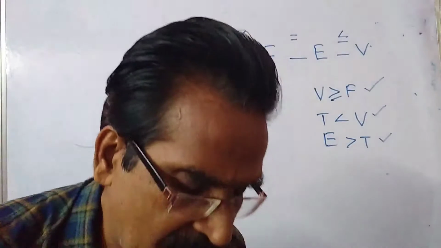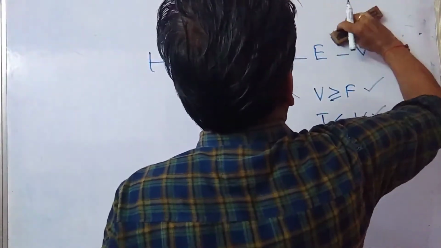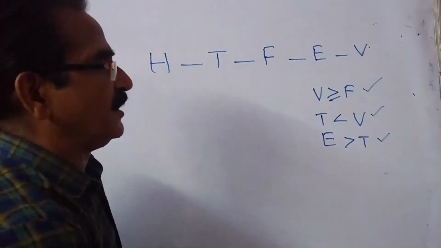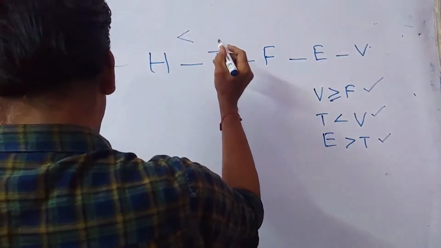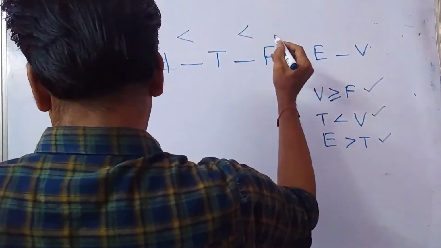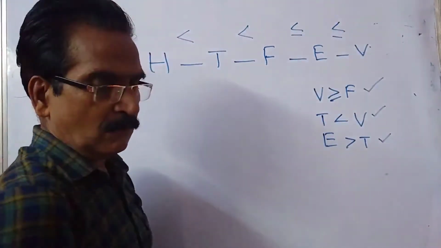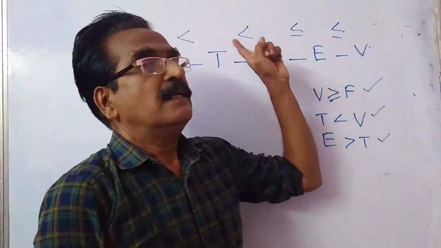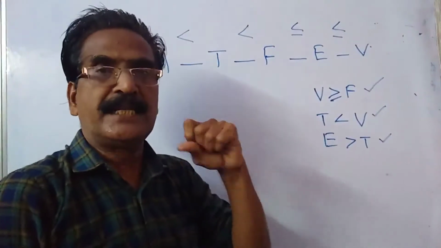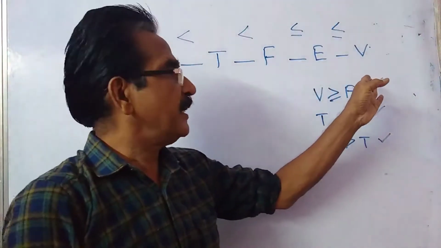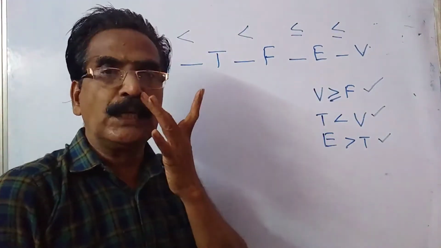For example, let us substitute the second option also. What are the symbols given in the second option? Let us substitute those symbols also. Less than or equal to, less than or equal to. So the second option is this. If you take the second option, let us see if these three conclusions hold good.